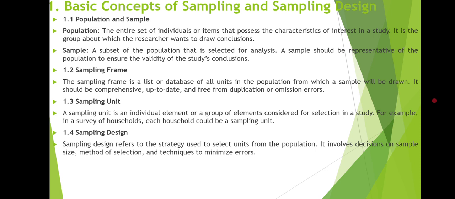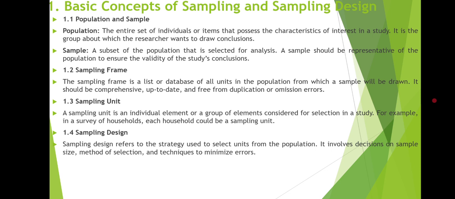Next, we have the sample, a subset of the population that is selected for analysis. In the last example, we took three districts out of the whole of Himachal Pradesh. This is called a sample. A sample should be representative of the population to ensure the validity of the study's conclusions.